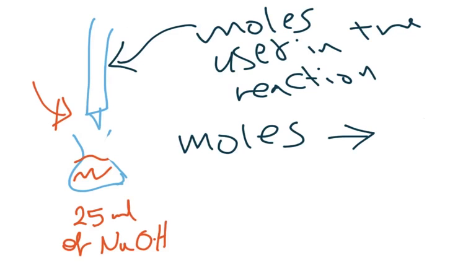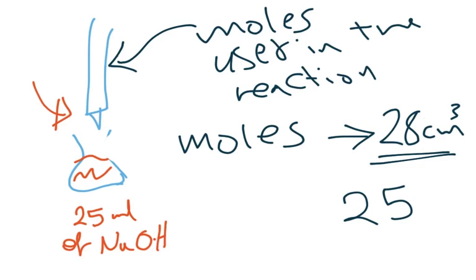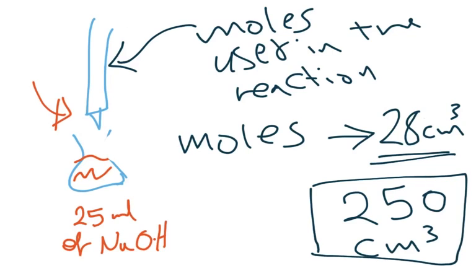Let's say that we used around 28 centimeter cube. This is the only moles found in the 28 centimeter cube of RCOH. What we want to find out is the moles in the 250 centimeter cube, not in just the small amount that we reacted.